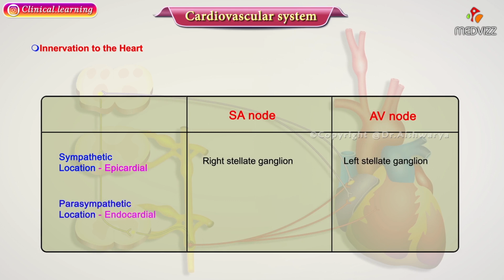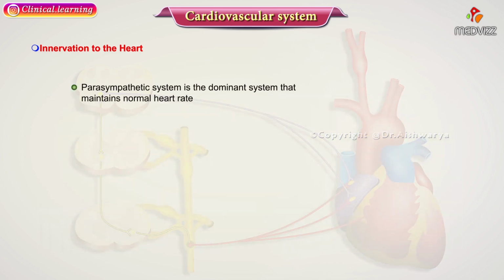The parasympathetic fibers are more commonly located at the endocardial region of the heart, where SA nodal innervation is by the right vagus and AV nodal innervation is mainly by the left vagus. The parasympathetic system is the dominant system that maintains normal heart rate. That's the reason a denervated heart has a higher heart rate. So this is what you need to know about nerve supply of the heart.